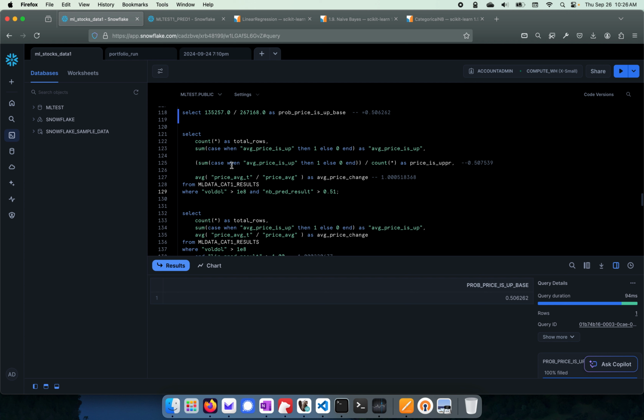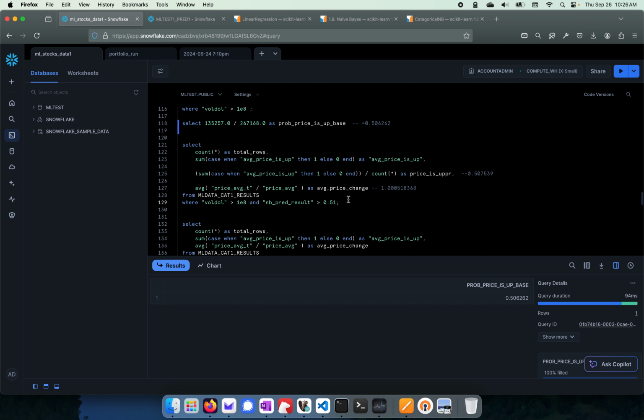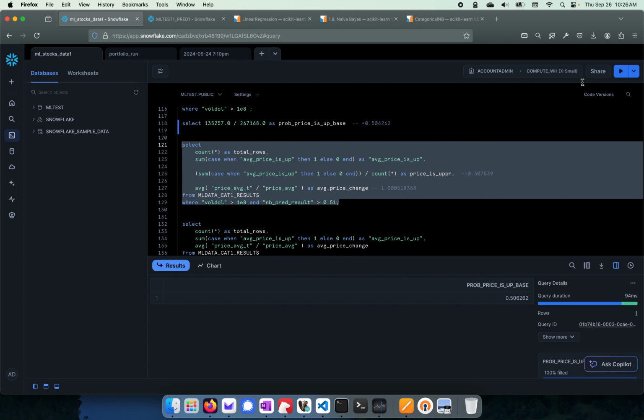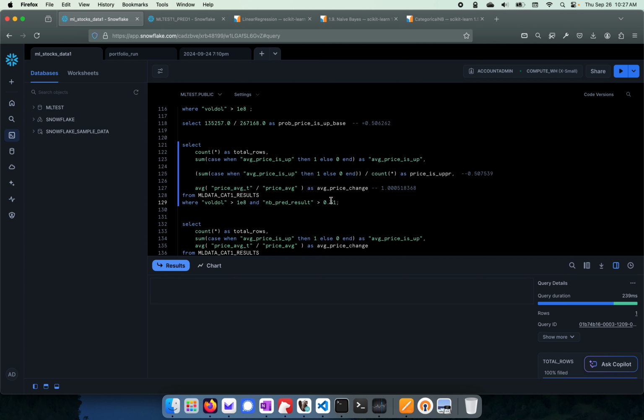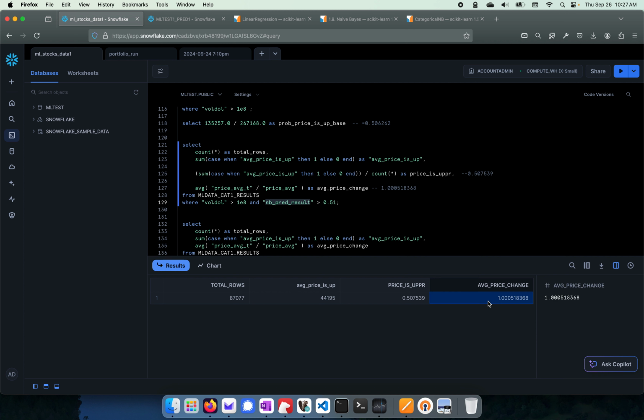So let's start taking a look at some of our predictions. Let's look at the naive Bayes, and let's see if we can improve these numbers. I already ran this query ahead of time, and if we take a look at everything that has more than 51% likelihood of going up, we see that our average price change actually becomes positive.